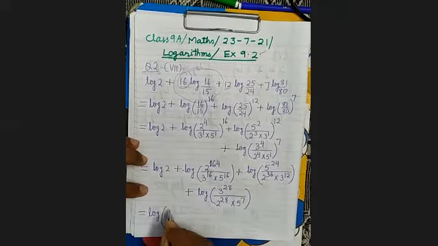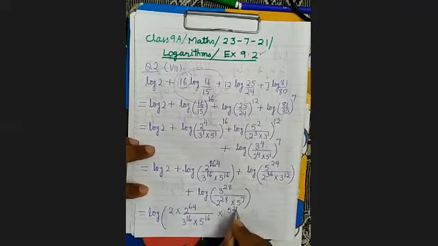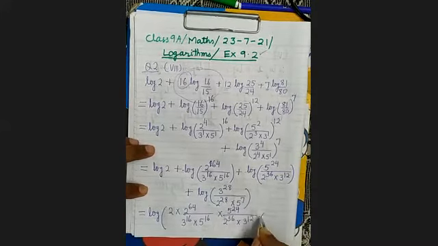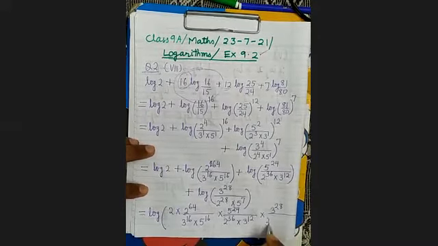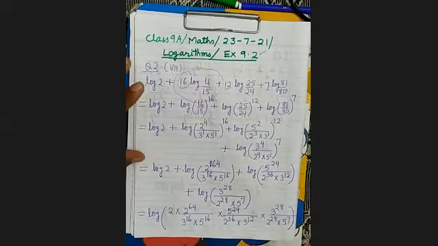So write log and inside the common bracket, it will be 2 to the power 64 upon, then 5 to the power 60 into 5 to the power 24, 3 to the power 12 into 3 to the power 28 upon 2 to the power 28 into 5 to the power 6. Have you understood?